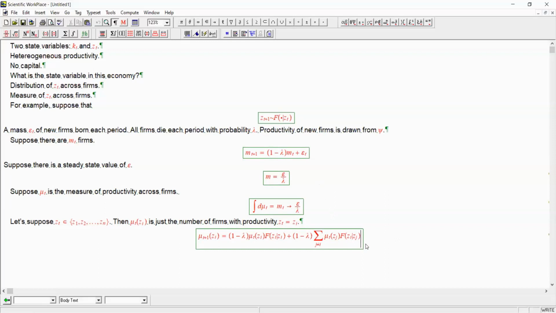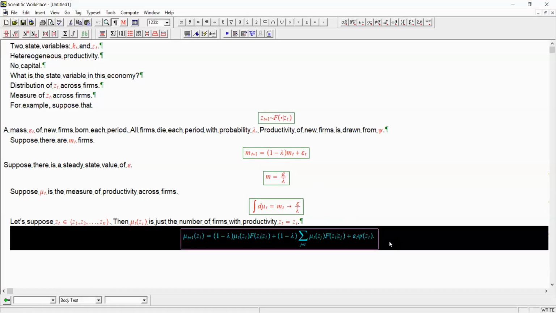So then here, another way in which you could end up with zi is because you were born, this is the number of firms born, and you just happen to be born with that productivity value.